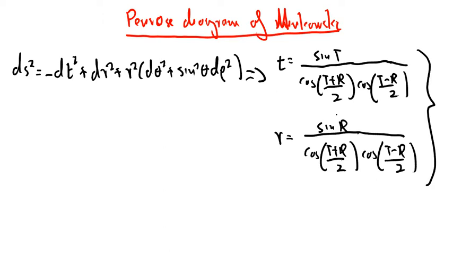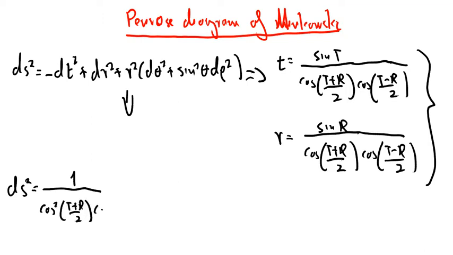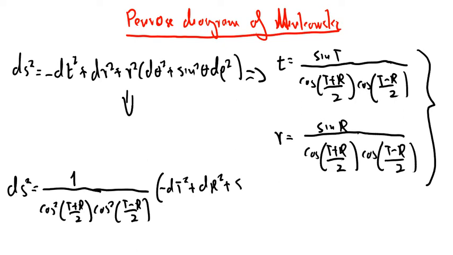If we perform this transformation on the metric, then after some manipulations what we get is the following, where now I am using the notation d omega squared to represent the spherically symmetric part.